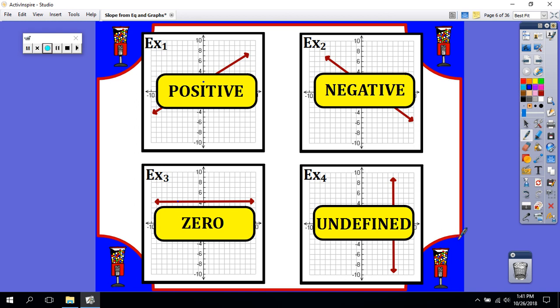Another way to help you remember is if you think about riding your bike. If you ride your bike up the hill in the first graph, it's going to positively affect you. You're going to be breathing heavy. It's going uphill. In the second, you're going to be riding your brakes the whole way down. Super easy. It's going to have negative impact. The 0 slope, if you're riding your bike on very flat ground, that's going to have 0 impact on you.